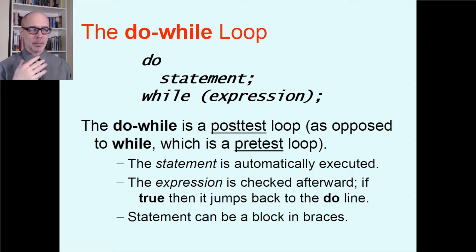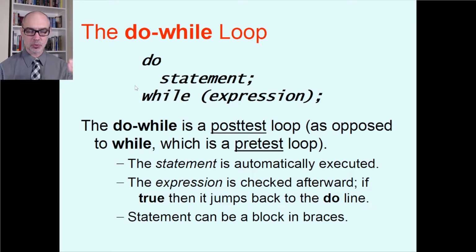So if you think about that, among the differences, the while loop might actually never happen at all. If you get to the while loop expression and it's false to begin with, you actually will just skip the body and never do the body at all. Like maybe if I was comparing the count to 0, it would happen 0 times. But here with the do-while loop, you will definitely do that statement in the body at least once.